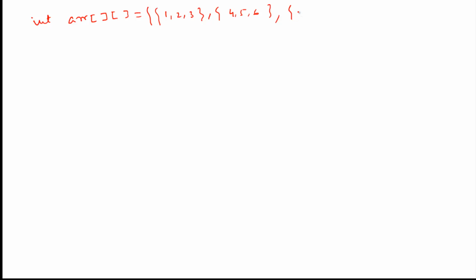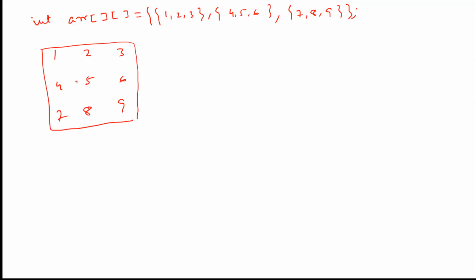Here I'll give 7 8 and 9, and then close the curly braces. How will it look? It will look like this: 1 2 3 4 5 6 7 8 9. This is the arrangement.